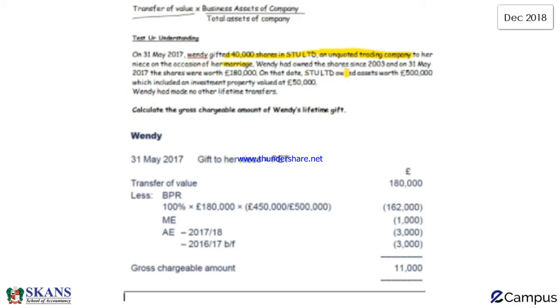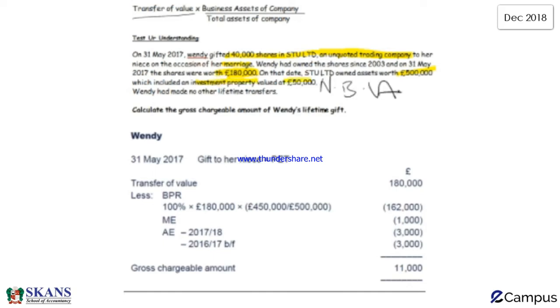On that date, STU Limited owned assets worth 500,000, which includes an investment property, which happens to be a non-business asset.